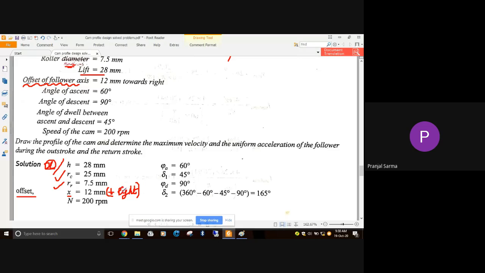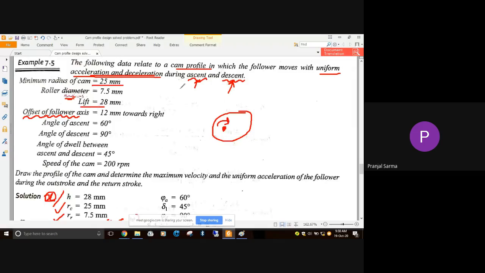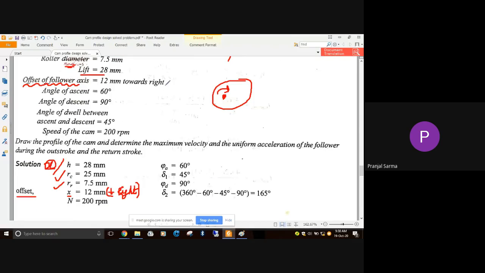Offset towards the right means, suppose this is the cam and the axis of rotation is passing through this. Since the roller radius is given, from here we understand it's a roller follower. If the roller radius is given, it's a roller follower, not a knife edge or something like that, so we can very easily understand this.